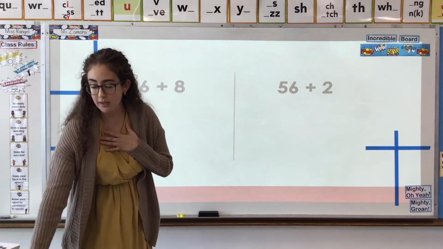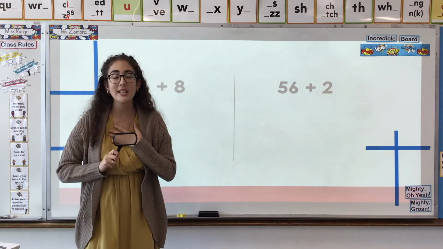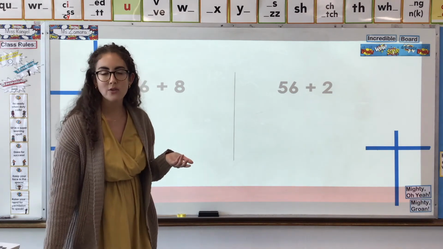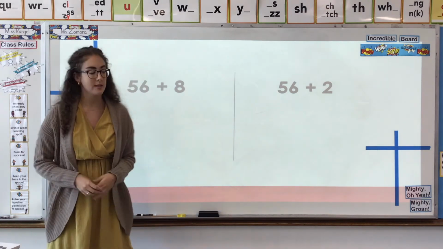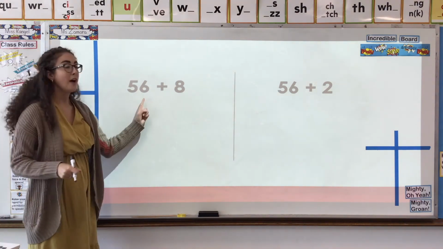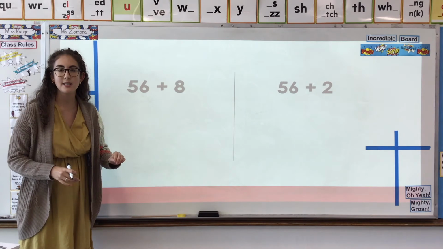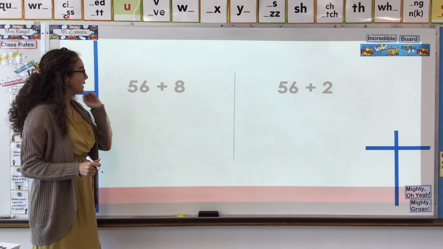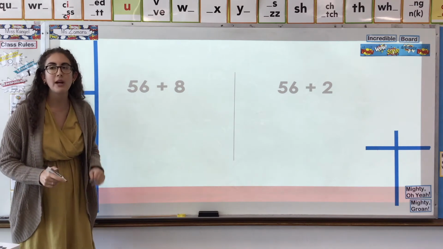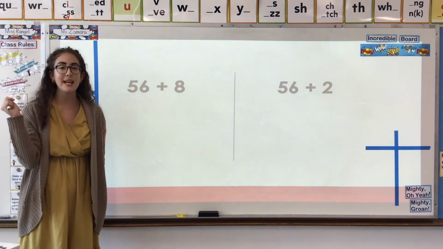We have to look at that all-important ones place and decide with the clues which mental math strategy we are going to use. Okay, first up, let's look at 56 plus 8. And 56, what number is in the ones place?